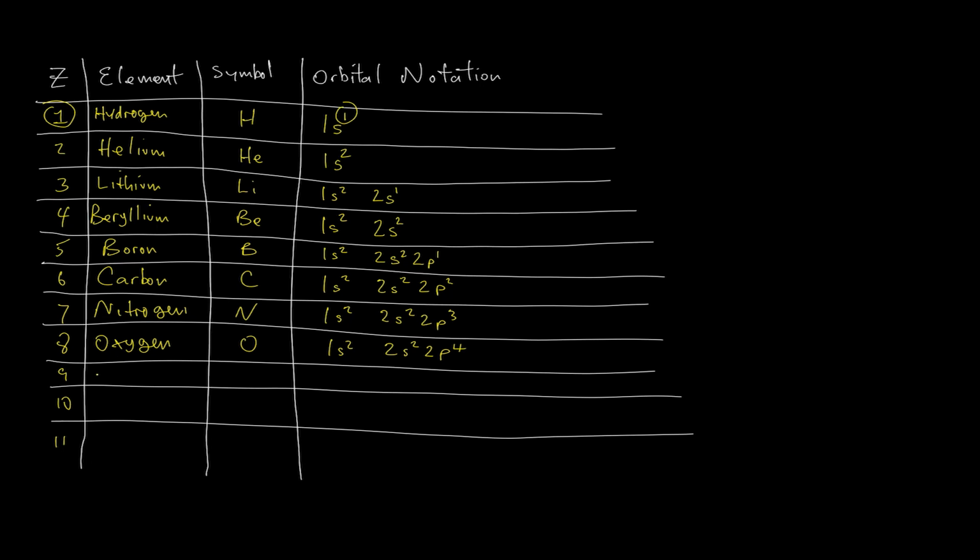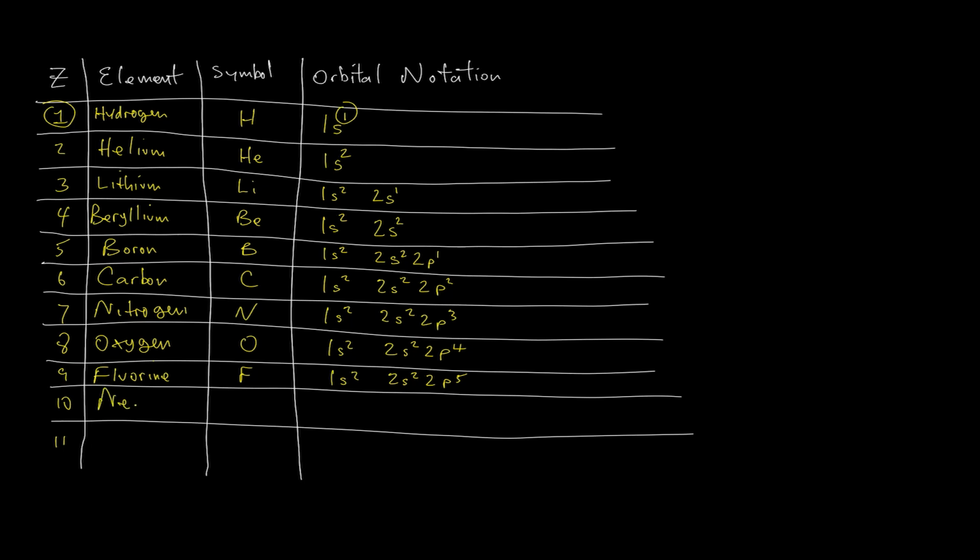Okay. Fluorine is next. Fluorine is the symbol F. We have 1s squared, 2s squared, 2p to the 5, predictably. Okay, 5 plus 2 is 9 for fluorine.